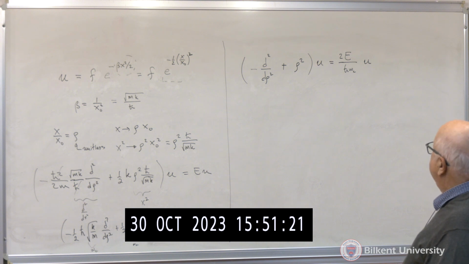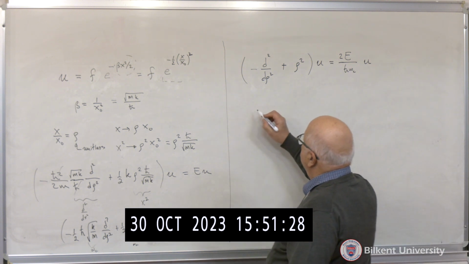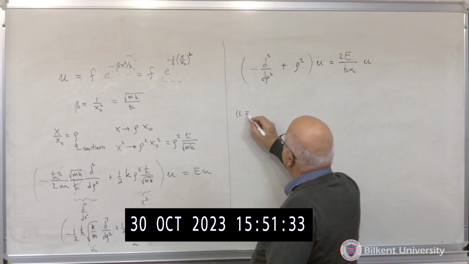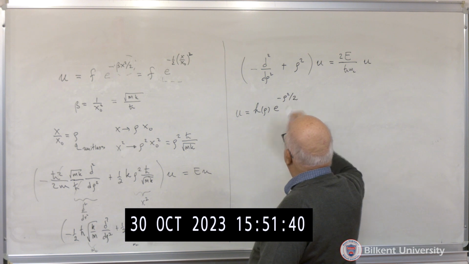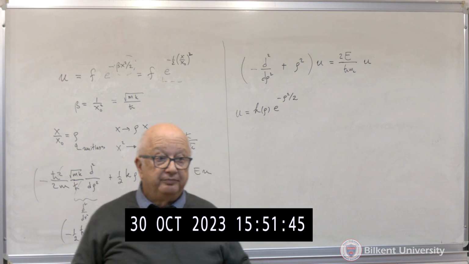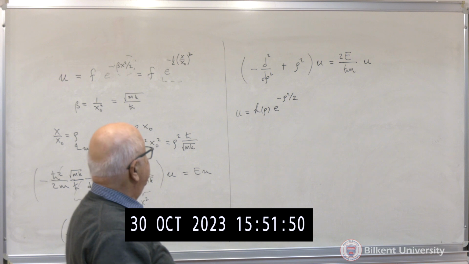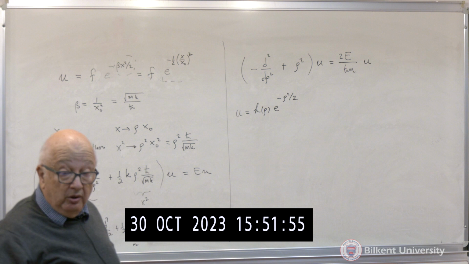Now it's time to do the hard work. The hard work is now putting in this object. So our u is now going to be some h of rho e to the minus rho squared over 2. And I'm going to put that into the equation so that I make sure that this is going to satisfy that equation. Wasn't the F a function of rho?